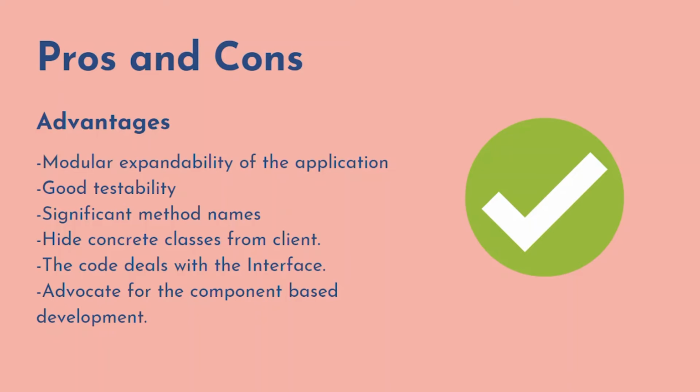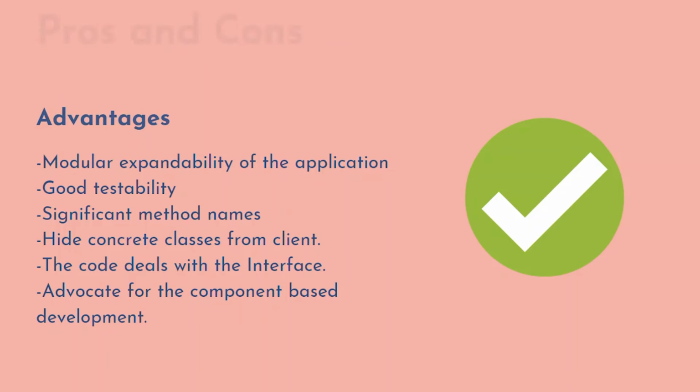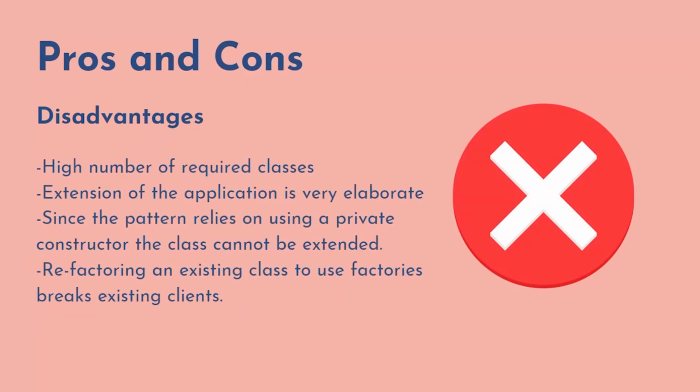The code deals with the interface and advocates for component-based development. Now the disadvantages. Some of them are the high number of required classes, and the extension of the application is very elaborate. Since the pattern relies on using a private constructor, the class cannot be extended, and refactoring an existing class to use factories breaks existing clients.